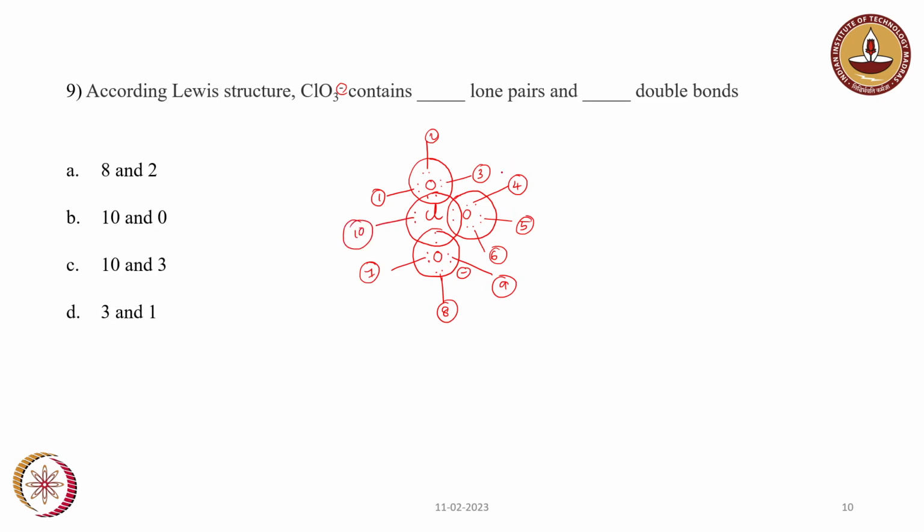So there are a total of 10 lone pairs, and in the Lewis concept, there are no double bonds present between chlorine and oxygen in ClO3 minus. So 0 double bonds. So the answer will be 10 and 0.